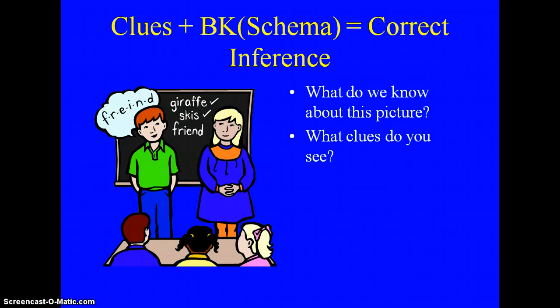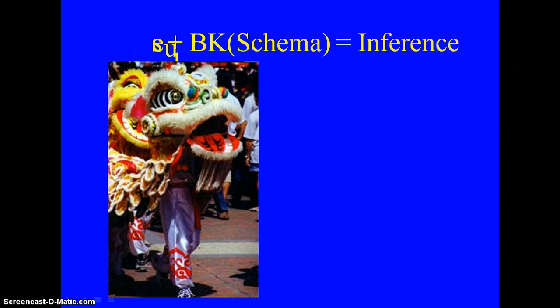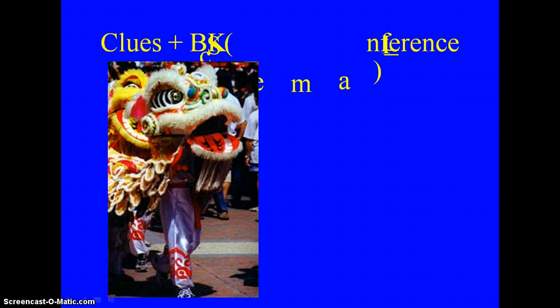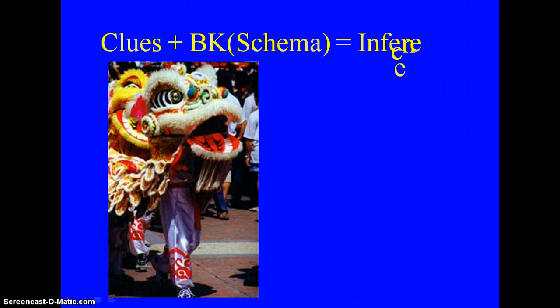Let's look at this picture and let's try to do the same thing. What do we know about this picture? What clues do you see? What can we infer from the clues? Same thing here. Clues plus background knowledge or schema is going to give you an inference.